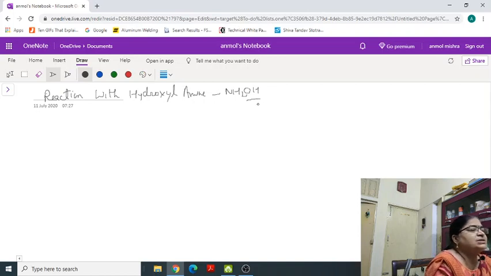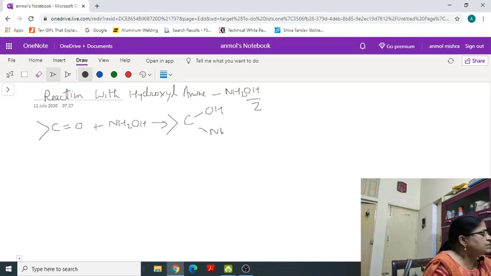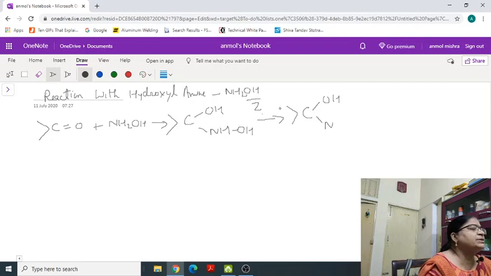Now OH is Z here, so it reacts with NH2OH, it forms C double bond NOH.